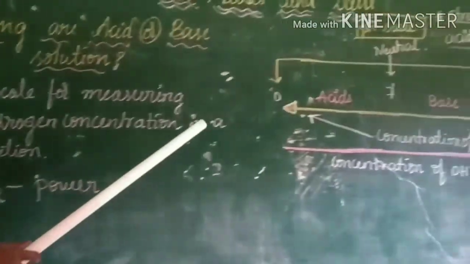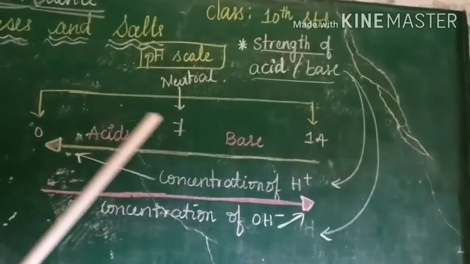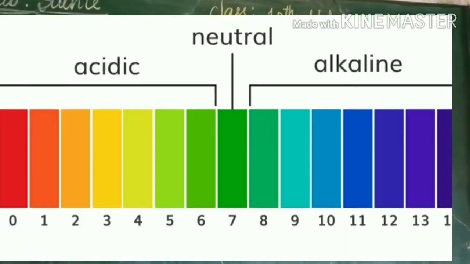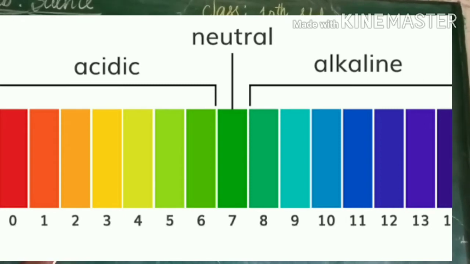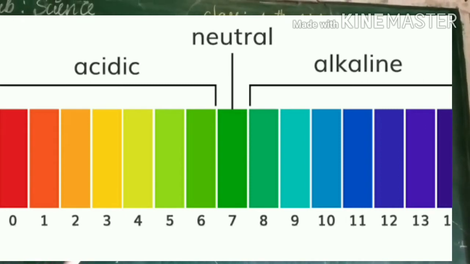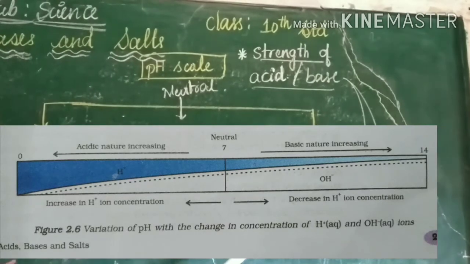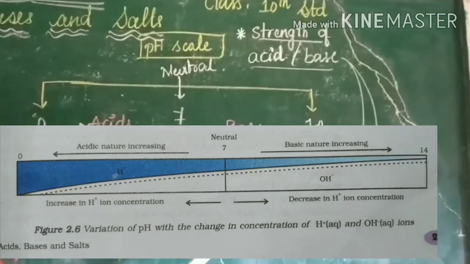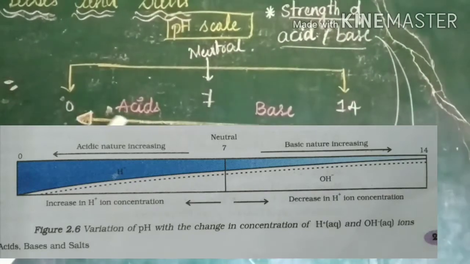Now let's come to the pH scale. The pH scale contains numbers from 0 to 14. 0 to 7 indicates acids and 7 to 14 indicates bases. Look here, children. The number 7 indicates a neutral solution. In this scale, the concentration of hydronium ion or H plus ion increases from 14 to 0.